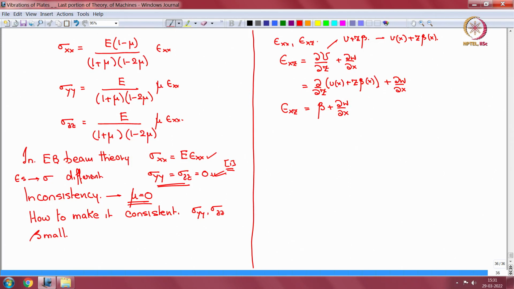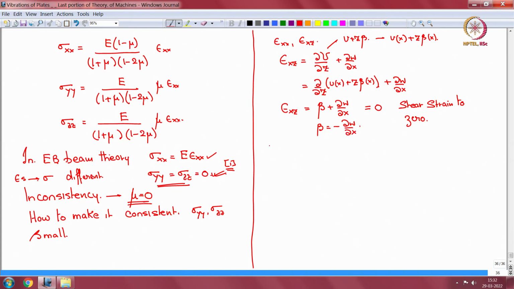Okay. Now here we are going to set epsilon xz to 0. We are going to set shear strain to 0. Okay, that gives me beta is equal to minus del w by del x.